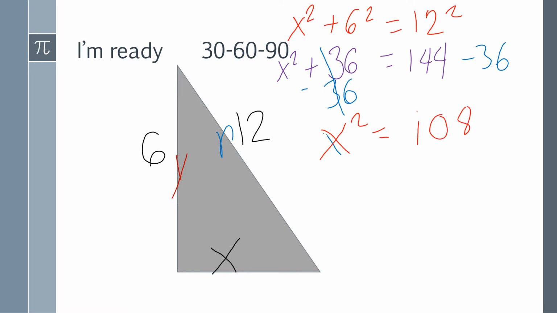All right. So now, square root both sides. Because remember, because this x is squared, the opposite of square is square root. So it's going to be x equals the square root of 108. But we've got to break that down, because we can't have that. So remember how we broke down the radicals from what we did earlier today? If not, go back to that part of the video with the square roots and look at how we broke things down.